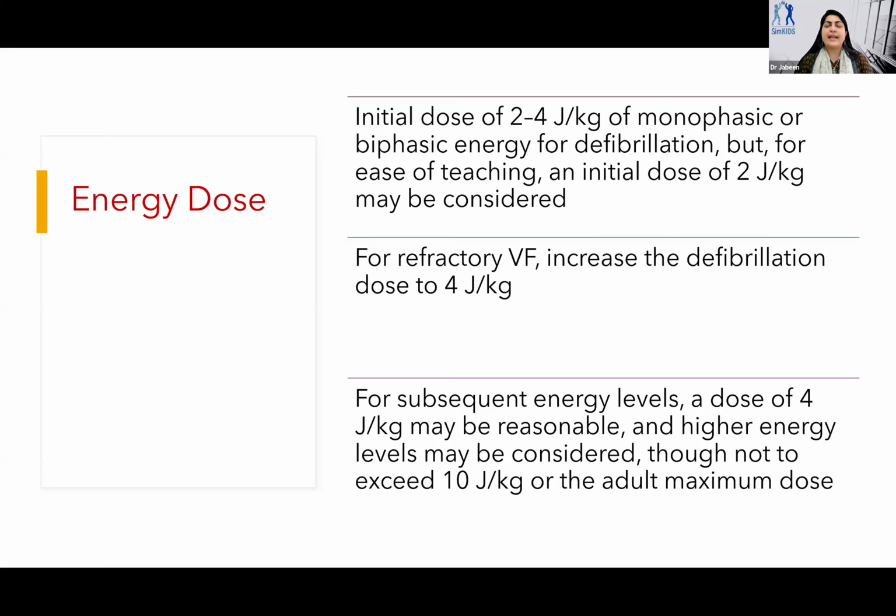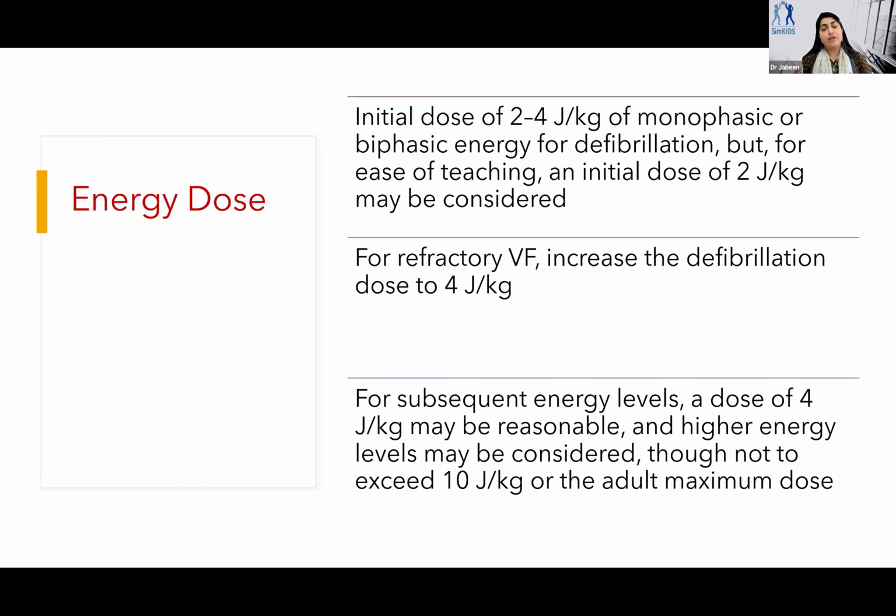So what is that? If you remember in the algorithm, you will start from 2 joules and you can go up to 10 joules per kg. And the first energy dose is 2 to 4 joules. But for the ease of remembrance and teaching, we just use 2 joules as the first energy dose, and then we go for 4 joules, 4 joules, 4 joules.